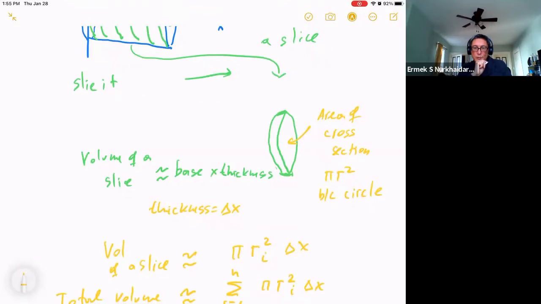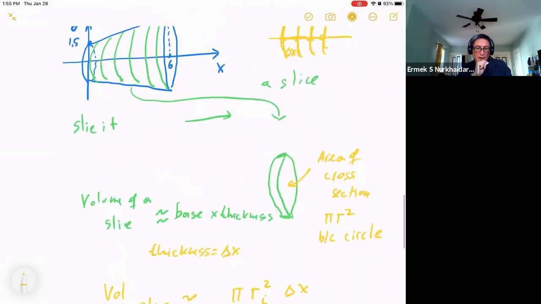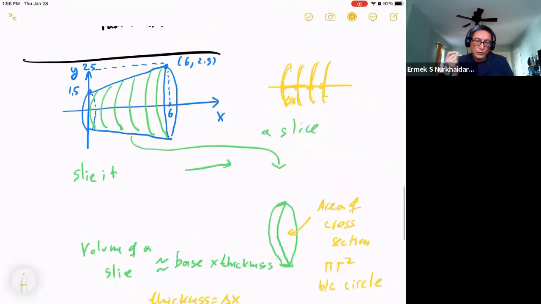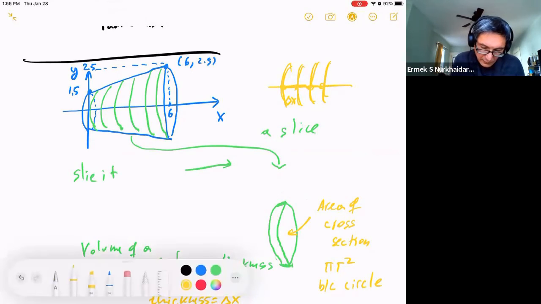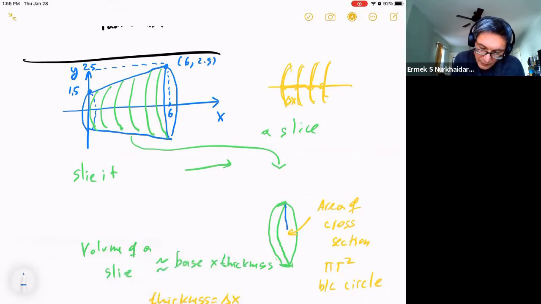I figure out what the thickness is, what delta x is. If you look at the picture, you can probably also figure out what r will be. r is from here to here, so r is the y coordinate of a point.